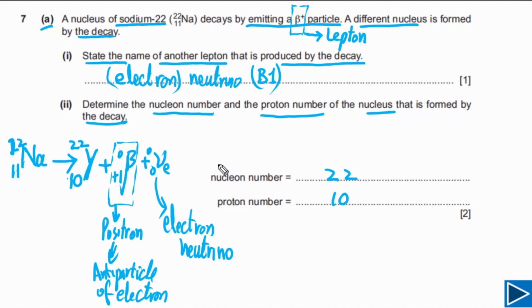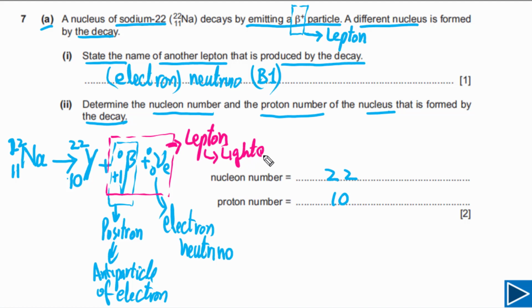Also, we need to understand a very important point about this beta plus decay. If you look at these two particles, they belong to the lepton family. So you have to be clear about this one. These two particles belong to the lepton family and they do not feel the strong nuclear force. When we talk about leptons, it means we are talking about lighter particles.